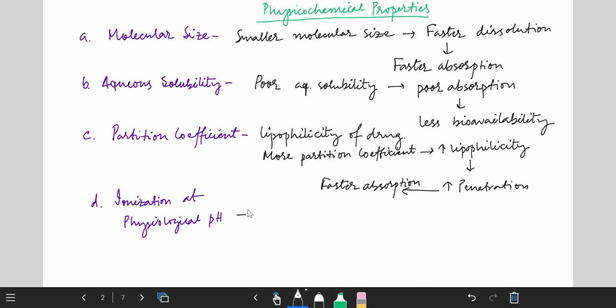We always know that unionized drugs show faster absorption.